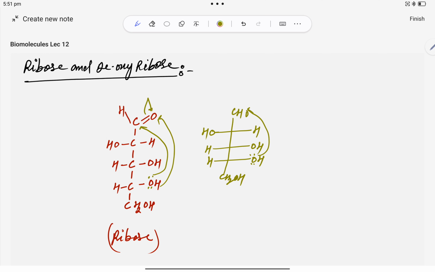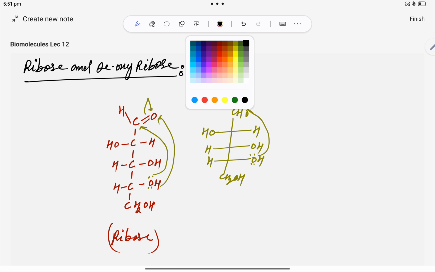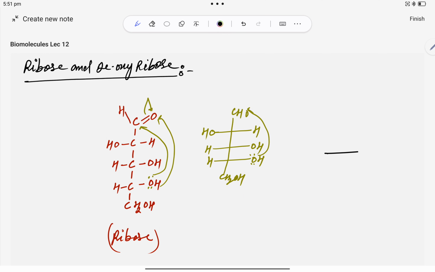So what is the cyclic structure, children? Here it's a 5-membered ring.